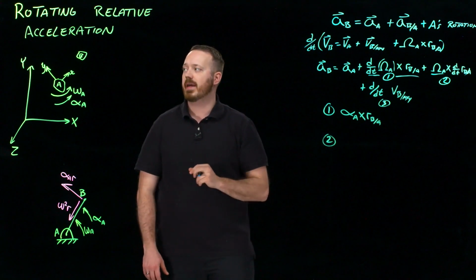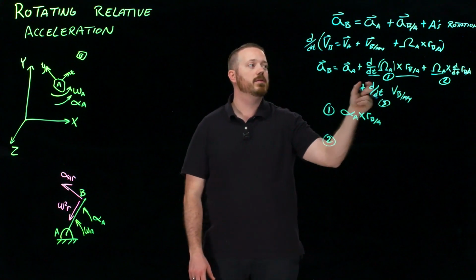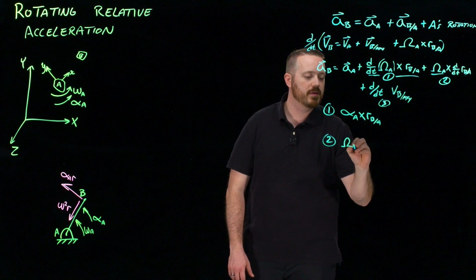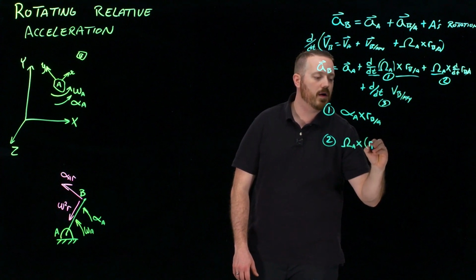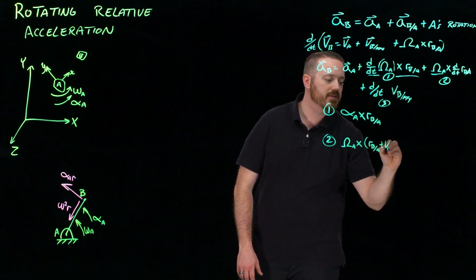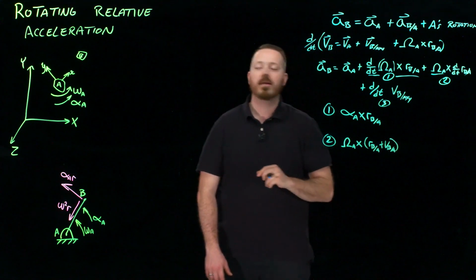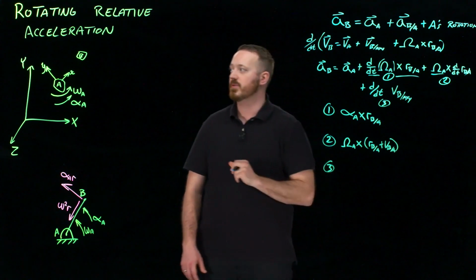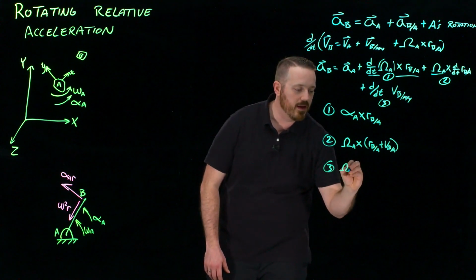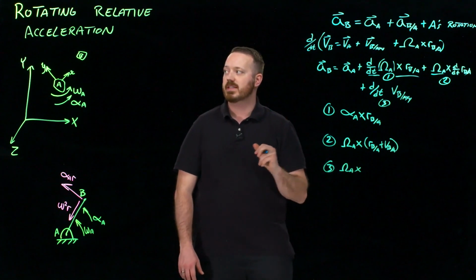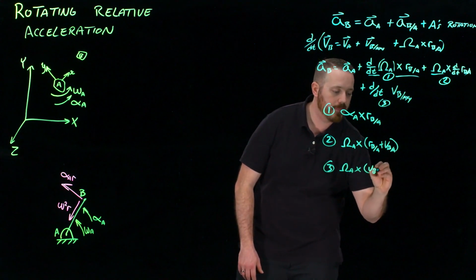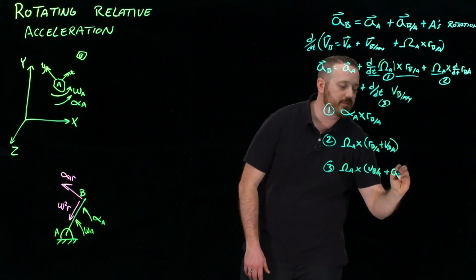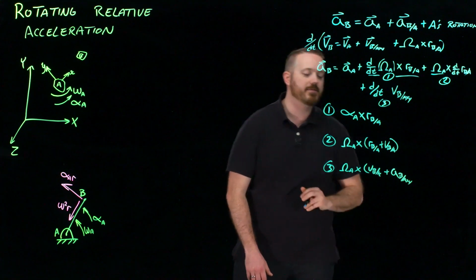Number two is the angular velocity of A crossed with r_BA, which is the velocity of B with respect to A. And then finally, we have the angular velocity of A crossed with the velocity of B given A, and the time derivative of that, which is the acceleration of B from A's perspective.